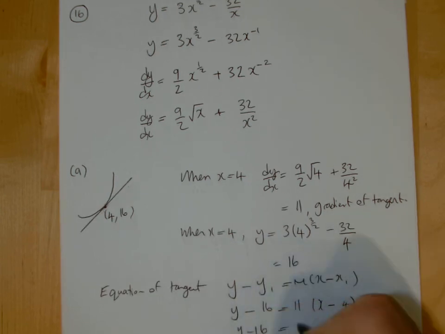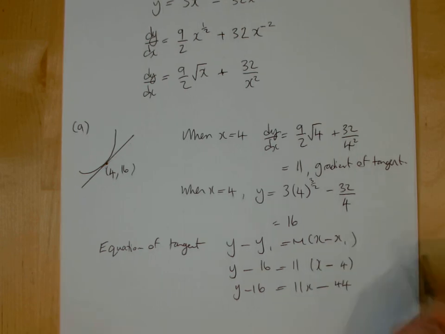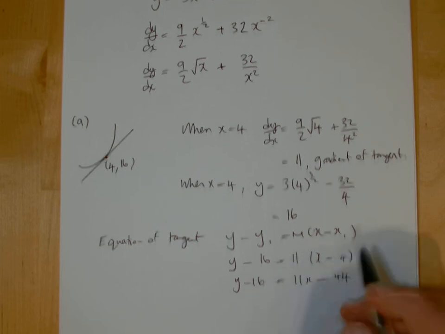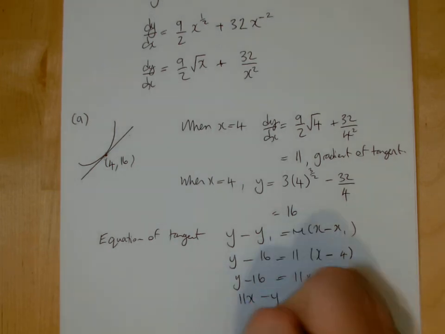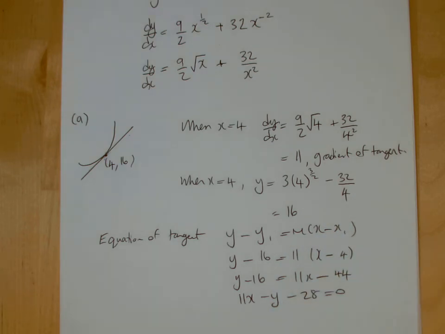So we'll just simplify this nicely then. It doesn't matter really which format you put it in, just simplify the numbers here. So we could say, 11x minus y minus 28 equals 0. It really doesn't matter. You could have y equals 11x minus 28, if you wanted to. I just take that minus 16 over it.